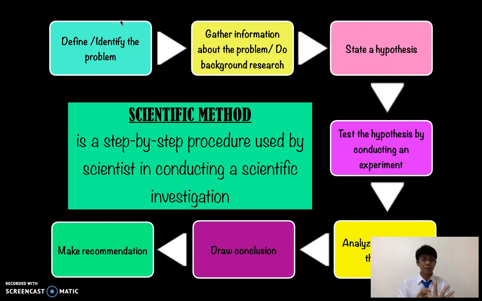Then you will analyze the result of the experiment, then you will draw a conclusion, and you'll make some recommendations if necessary. Okay, so those are the scientific methods or the step-by-step procedures used by scientists in conducting an investigation.